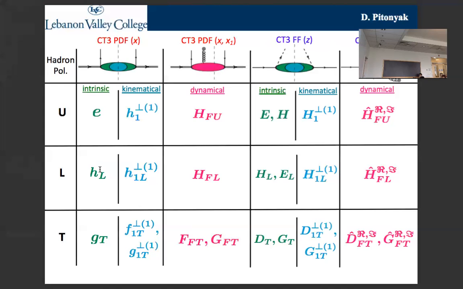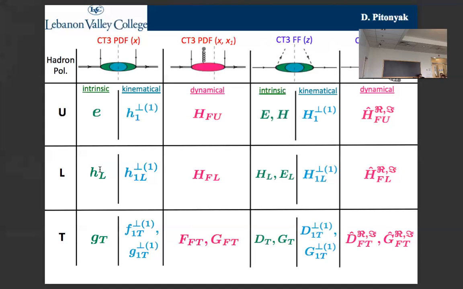The kinematical functions are also quark-quark correlators where we keep the k_T on the quark line. After this collinear expansion about that k_T, not surprisingly, we end up with first moments of TMD functions, for example the first moment of the Sivers function showing up here. These are quark-quark correlators, so they're only functions of a single momentum fraction x.